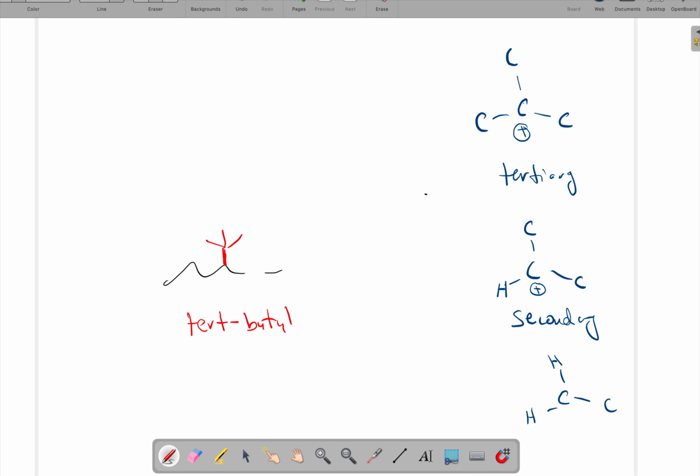Where did the tert come from? The word tertiary. It's referencing how many carbons are connected to it. Okay, so that's great. So we're saying that carbon is connected to 3 other carbons in our substituent. So that's where tert came from, but we were lazy and we said tertiary was too many syllables. But we're lazy. Doesn't tert have too many letters?